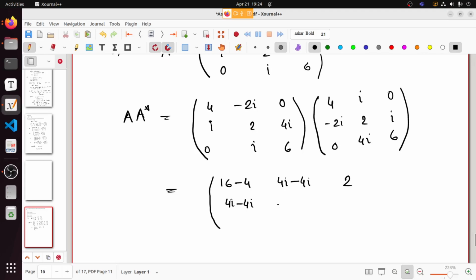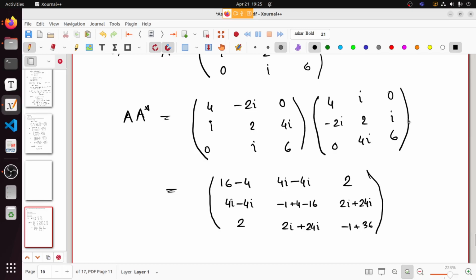This will be minus 1 plus 4 minus 16, right? The last one will be 2i plus 24i, and the last row will be 2i plus 24i, minus 1 plus 36.